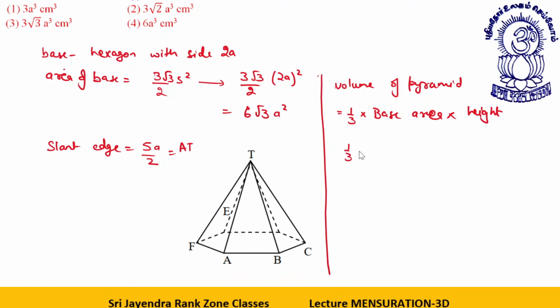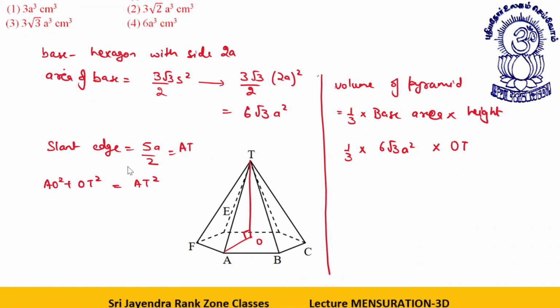This is 1/3. What is the base area? Base area is 6 root 3 a square. The height, let's say this is the center O. So the height will be OT. Now, how will you calculate this OT, dear students? If I join, this angle will be a right angle. Why? This is base, AO will be base. So AO square plus OT square is equal to AT square.